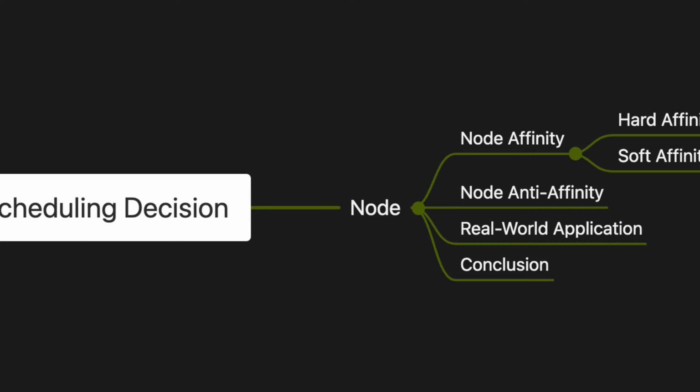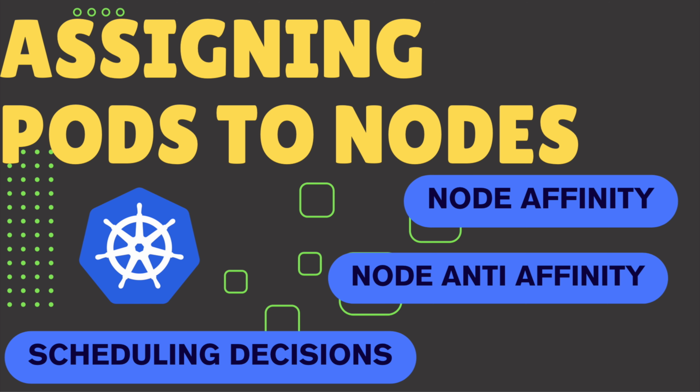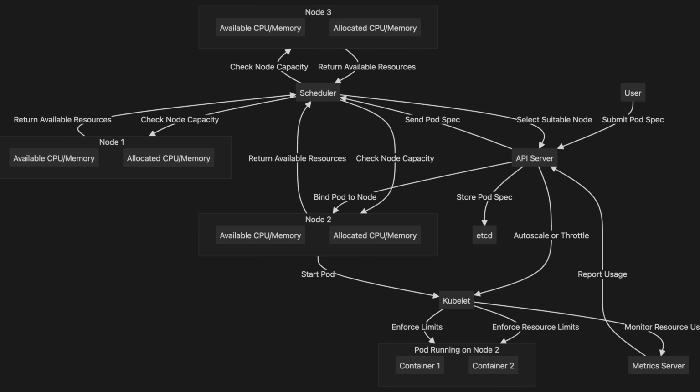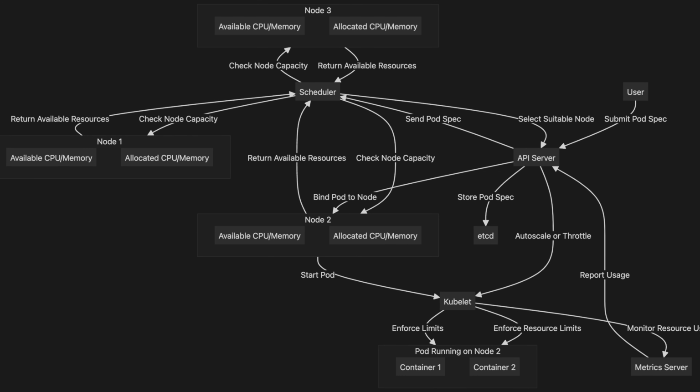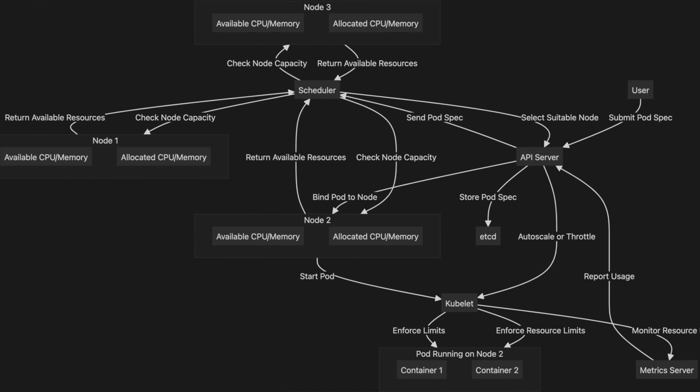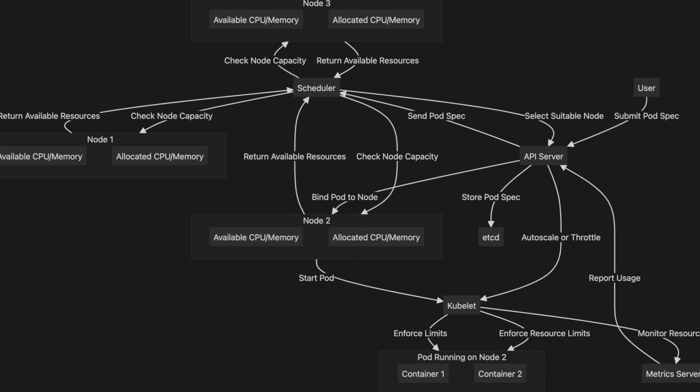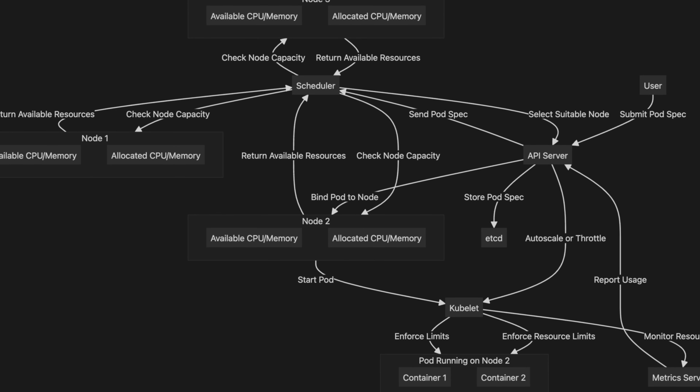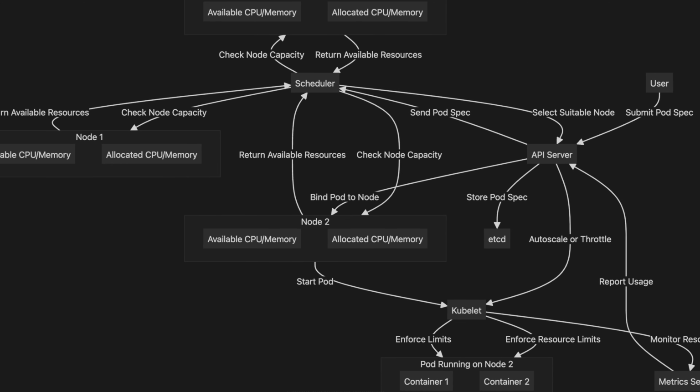It also depends on taints. Please check our other video on node affinity for more details. As in this diagram, you see the scheduler evaluating the nodes to find the best fit for the new pod based on its resource request.